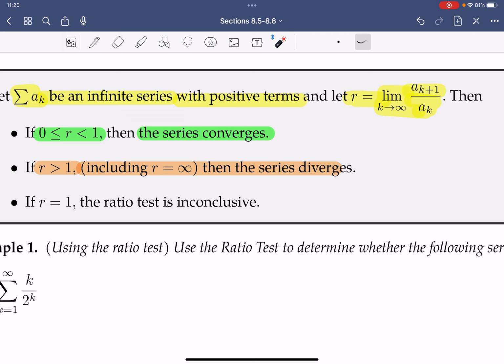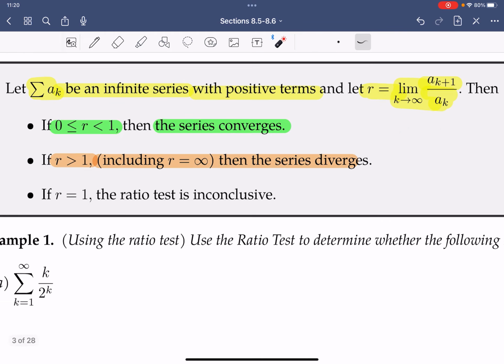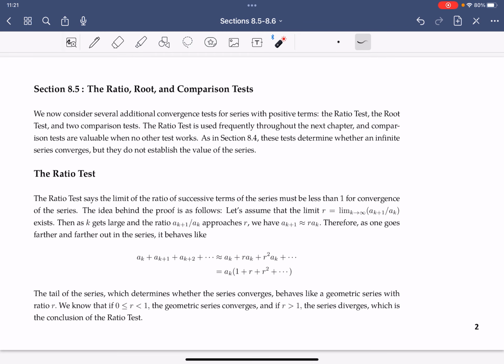Why is this true? You can imagine that if you take the limit of a_{k+1} over a_k and get r, then when k is getting big, r is approximately a_{k+1} over a_k, which means a_{k+1} is approximately r times a_k. If you plug this back into the original series, you can read the previous page by yourself.